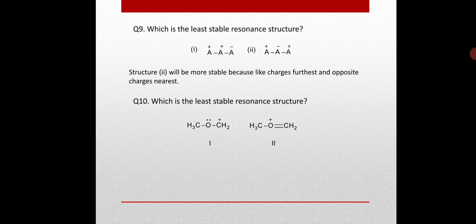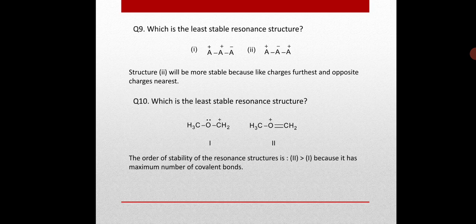So the order of stability of the resonance structure is 2 greater than 1, because 1 is having a lesser number of covalent bonds and 2 is having more covalent bonds.